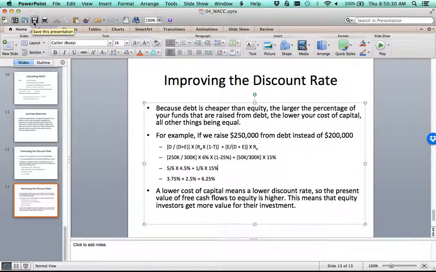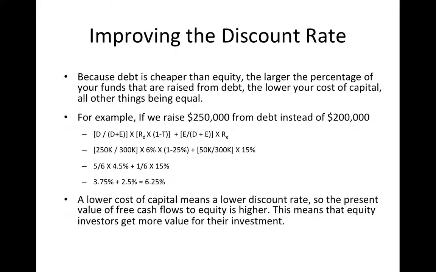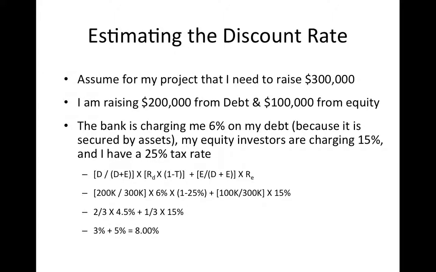So if you recall from the last slide, when we had 2/3 debt and 1/3 equity, we had a cost of 8%. All right, and so if you just said, 8% of $300,000, that's $24,000.